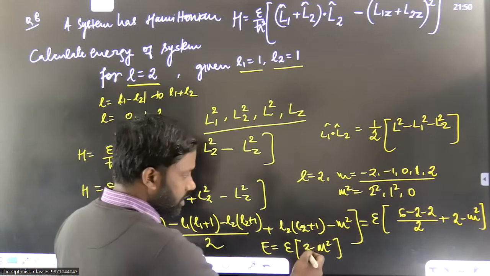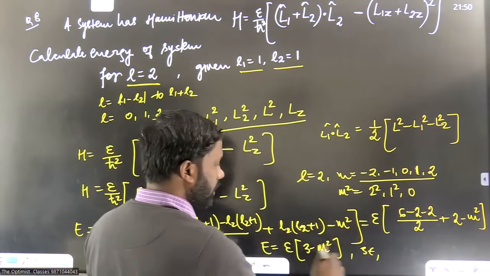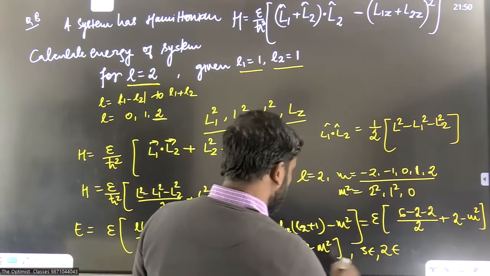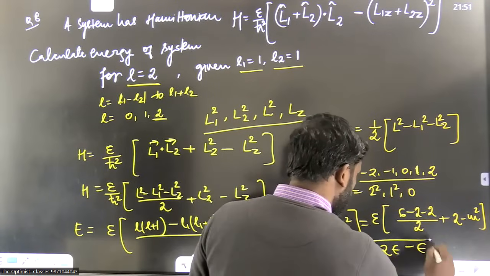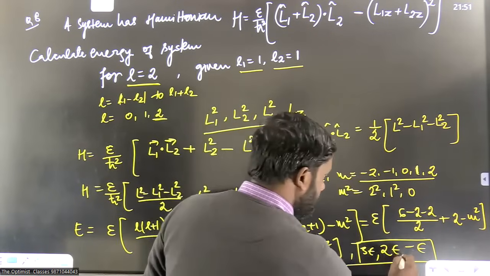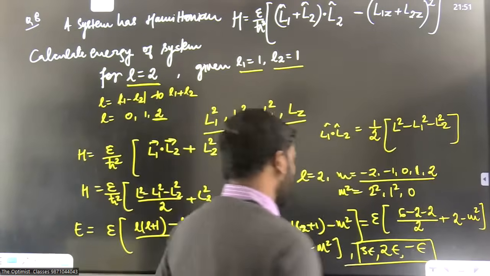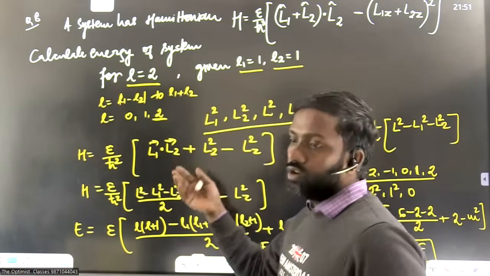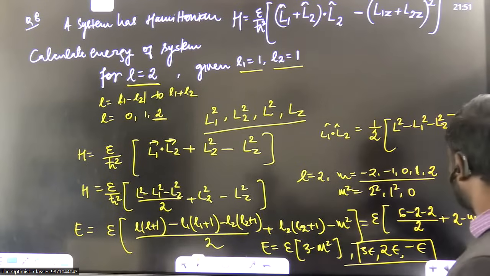If you put 0 here, you will get 3 epsilon. If you put 1 here, you will get 2 epsilon. And if you put 4 here, you are going to get minus epsilon. So these are the energies: 3 epsilon, 2 epsilon, and minus epsilon. So this was a quite straightforward question related to addition of angular momentum in quantum mechanics.